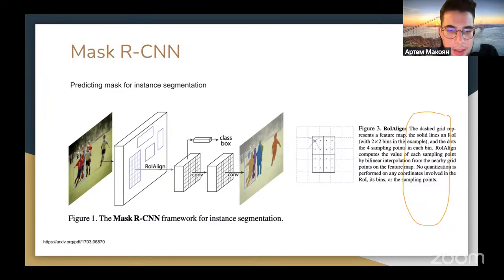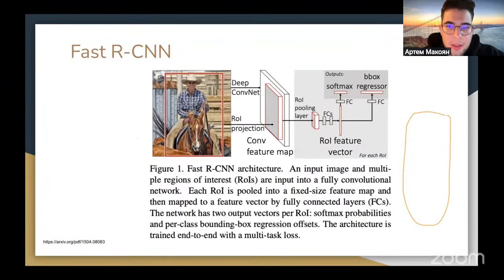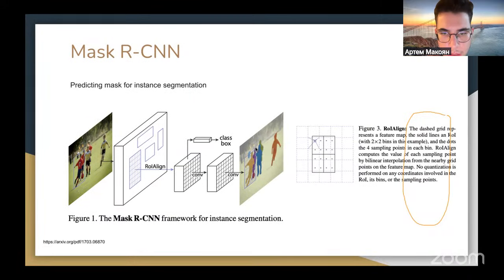Mask RCNN. The idea is the same as previous, RCNN, not faster, I think Fast RCNN. But now we will get segmentation masks. So as I said, we first compute the feature map, extract features, and classify boxes.